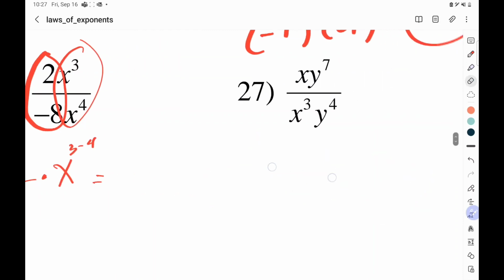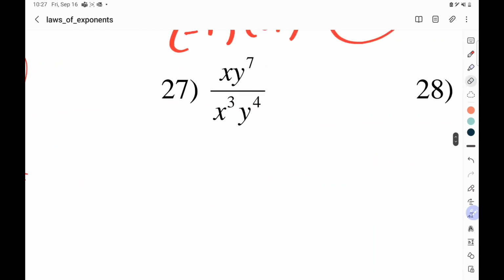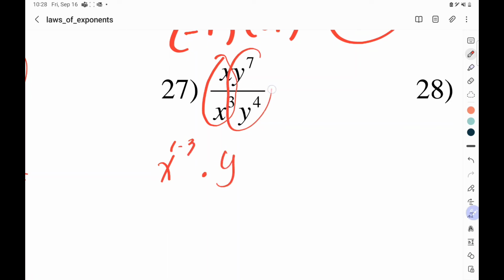Now let's try number 27. So we have x to the power of 1, y to the power of 7, all over x cubed y to the power of 4. So what we're going to do here is do the x first. So we have x to the power of 1 minus 3, times y to the power of 7 minus 4.